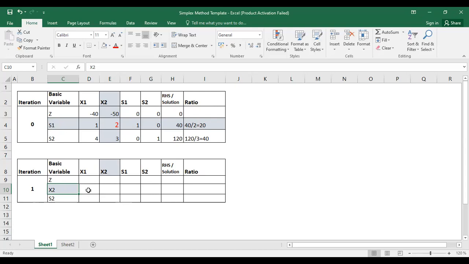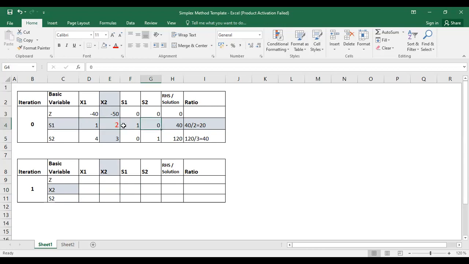Okay, so how do we compute it? You take the current coefficient divided by the key element, or the pivot element, for each of the values here. So we're going to have 1 divided by 2, and we'll put the answer here. 2 divided by 2, we have the answer there. 1 divided by 2, we have the answer there.